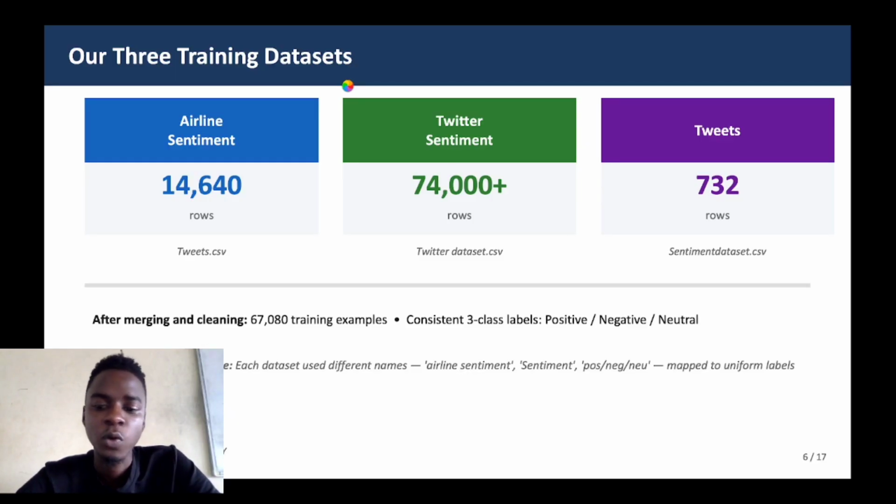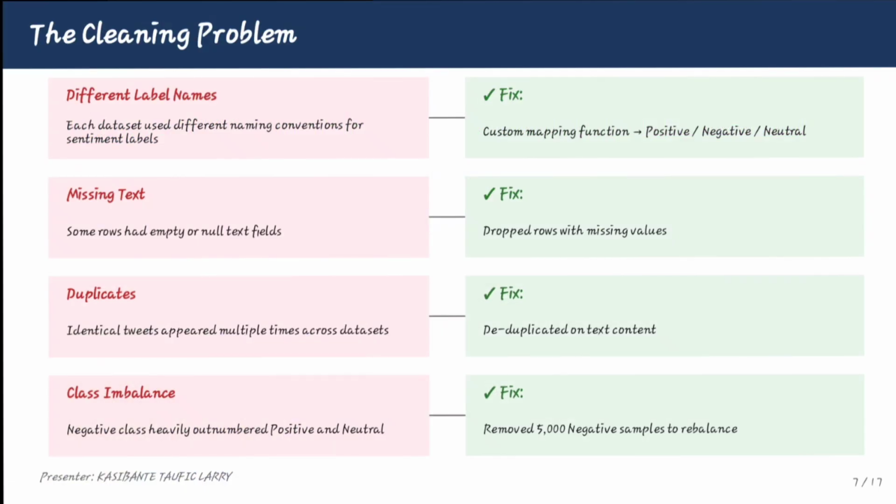And this wasn't the only challenge that we faced with the data. The other challenge during cleaning was, as stated, each data set using different naming, which was solved by a custom mapping function of positive, negative, and neutral. Then there was missing text. Some rows had empty or null text fields, so we dropped the rows with missing values.